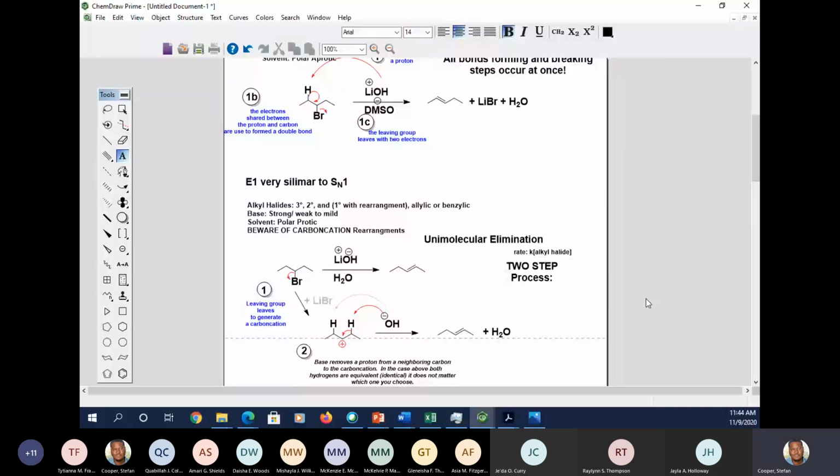First step, generate the carbon cation, where the leaving group leaves. The second step is the base moves a proton and forms the double bond.